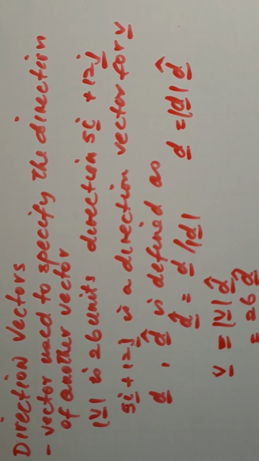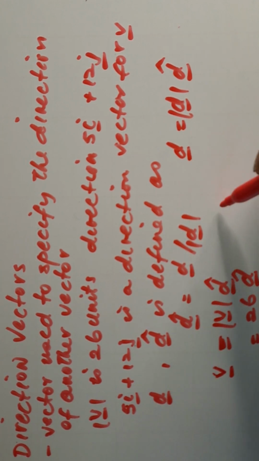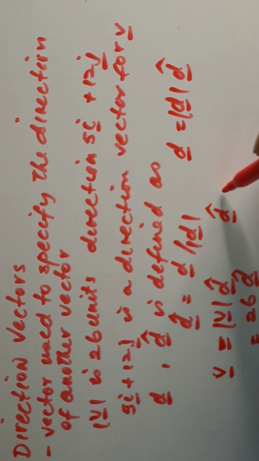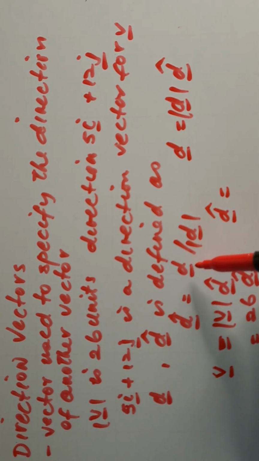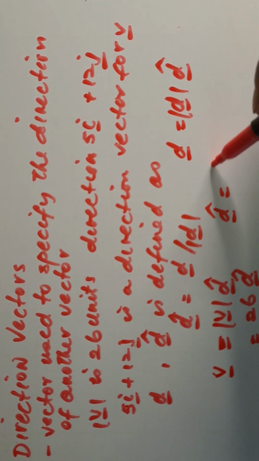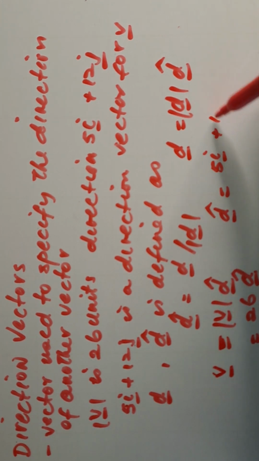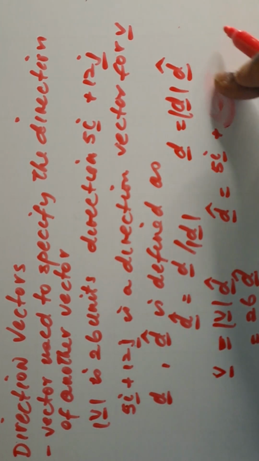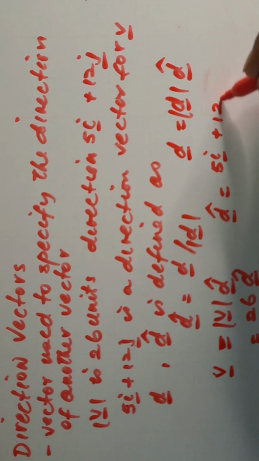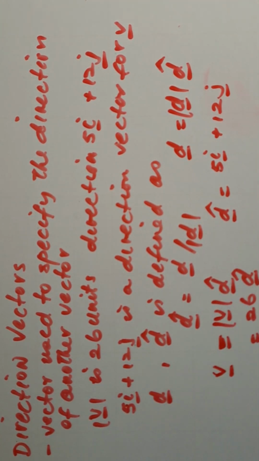What is d hat? You remember d hat is defined as d, which we're given here as 5i + 12j, and we're dividing that by its magnitude, which is the root of 5 squared + 12 squared.